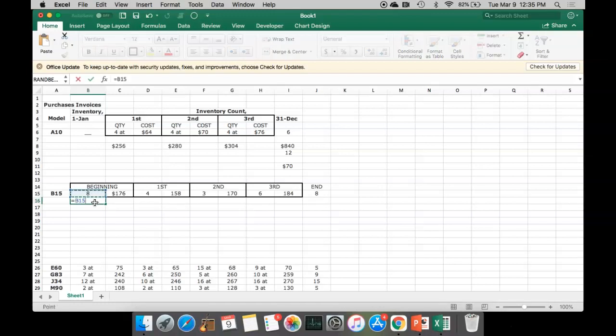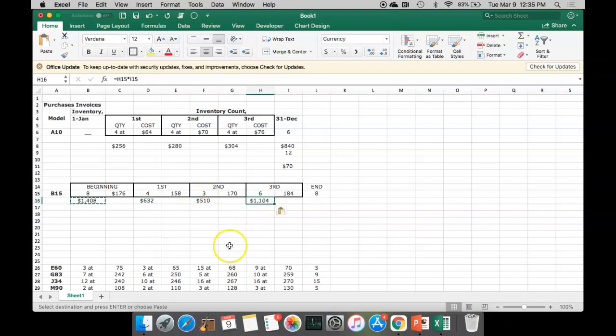We're going to take the 4 and multiply it by the 158. We're going to take the 3 and multiply that by the 170. Then we're going to take the 6 and multiply that by the 10.